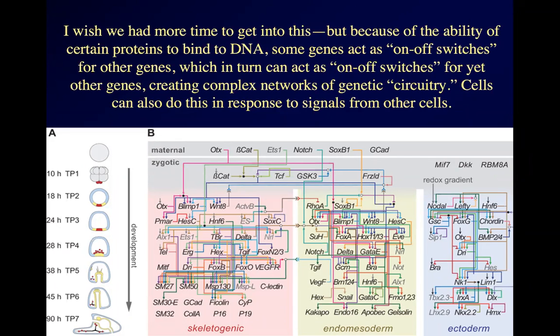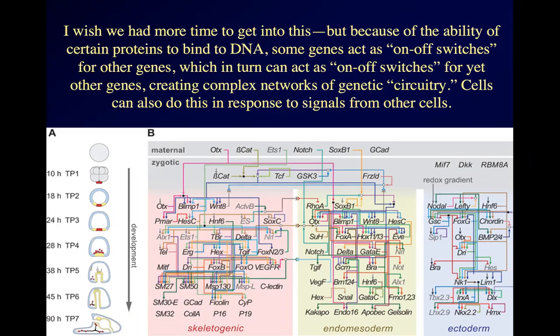Suffice it to say that some genes will promote, act as an on switch, or repress other genes. And those genes that are promoted can act as on-off switches for yet other genes. And then those genes can turn on or turn off yet other genes. And that creates these networks of circuitry.